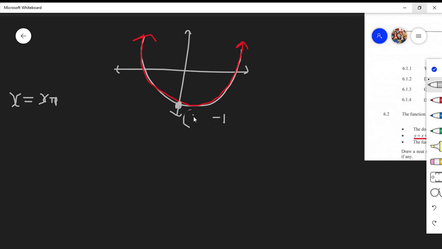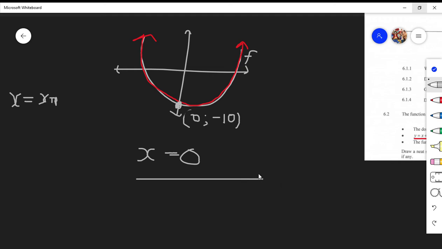So x would be 0 and say y would be -10, okay? And the question asks you, for example, what is the axis of symmetry of f? So your answer would then be x is equal to 0.